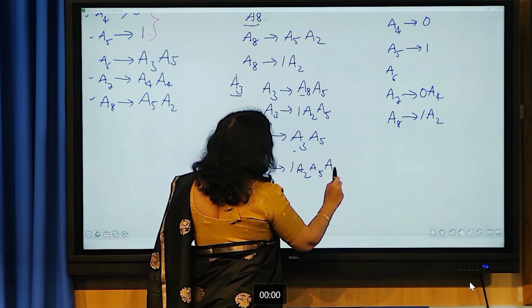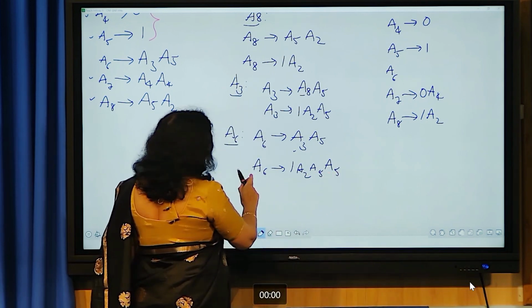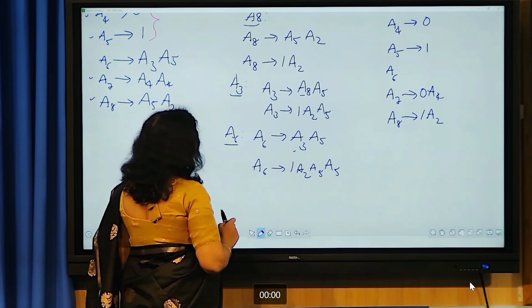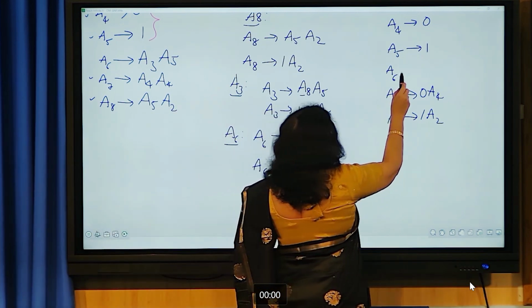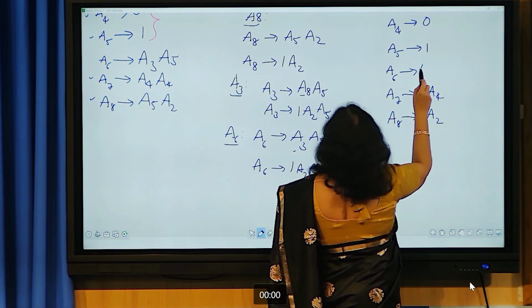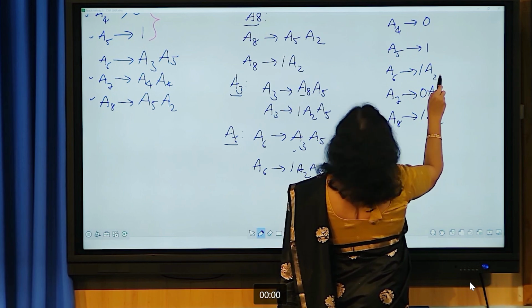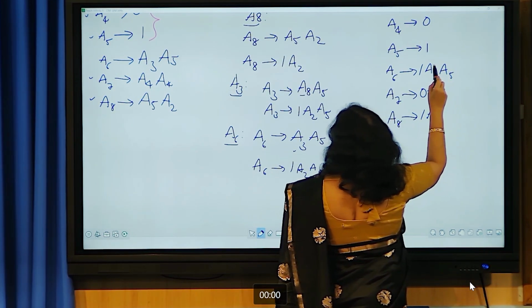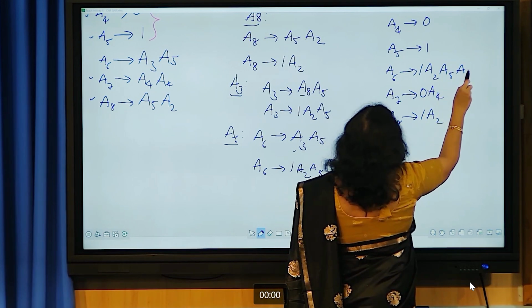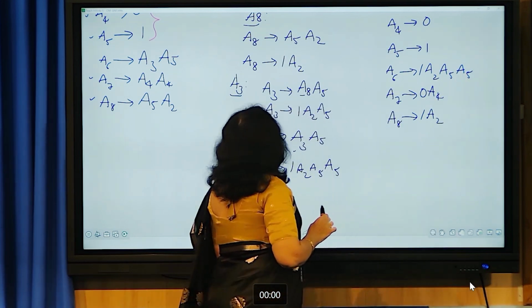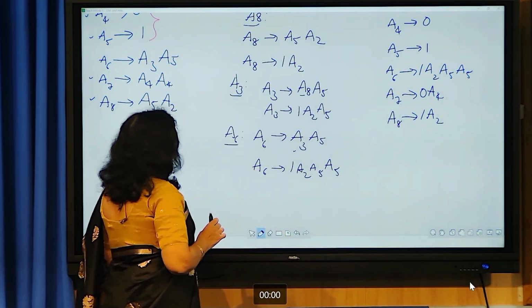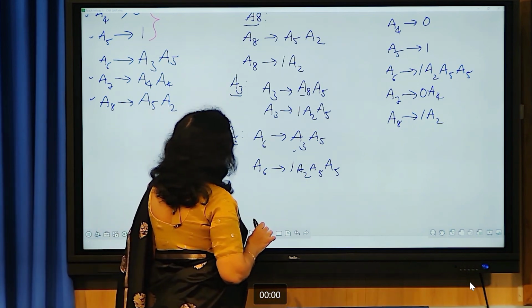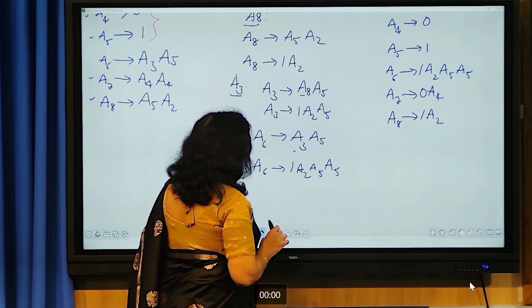This A5 keep it as it is. So A6 is one terminal followed by variables. So this is also in GNF now. A6 is 1, A2, A5, A5. A6 also in GNF now.